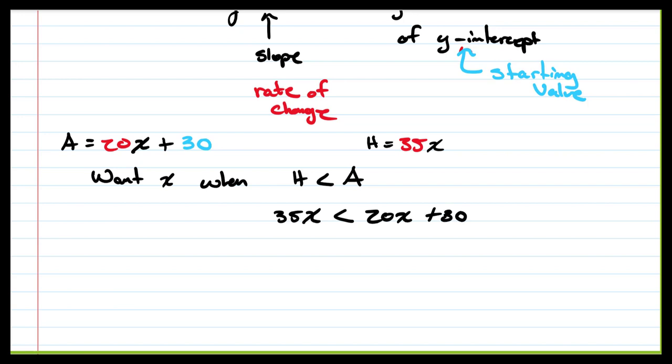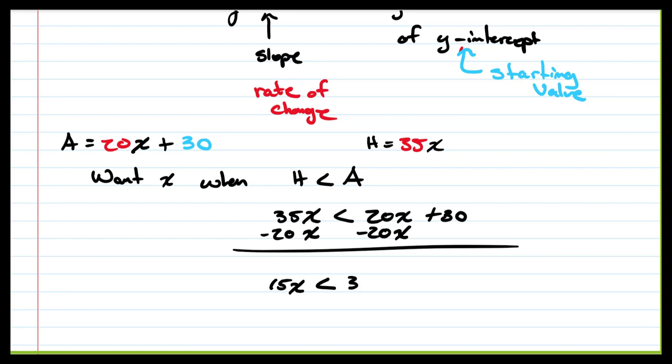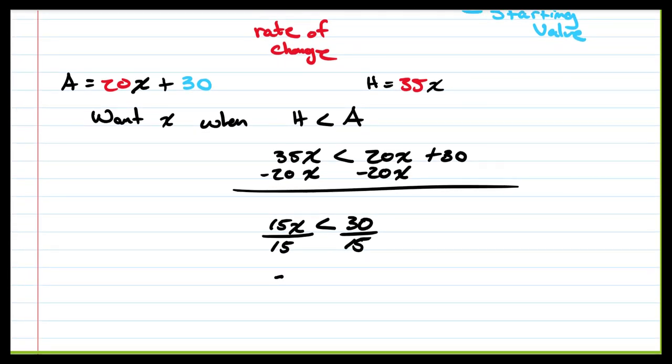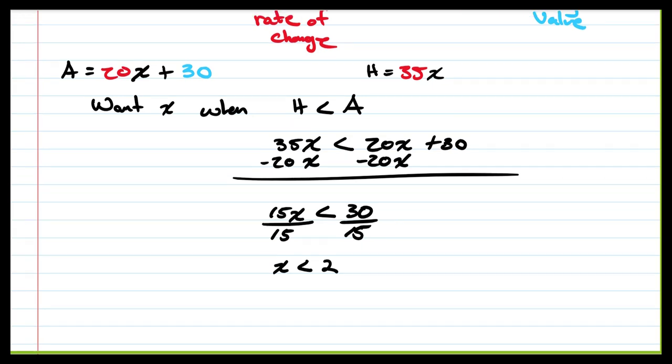So to resolve that inequality, we subtract 20x from both sides, and we get 15x is less than 30. And we divide by 15, divide by 15, and we end up with x is less than 2. So this tells us then it will cost less to hire Hank's Movers for less than 2 hours.